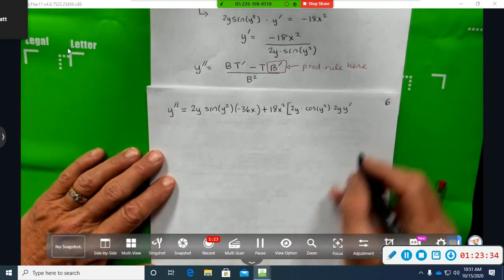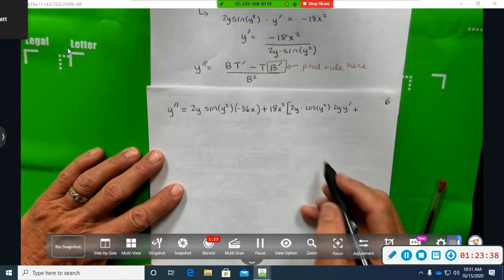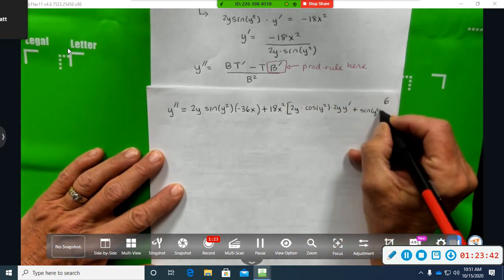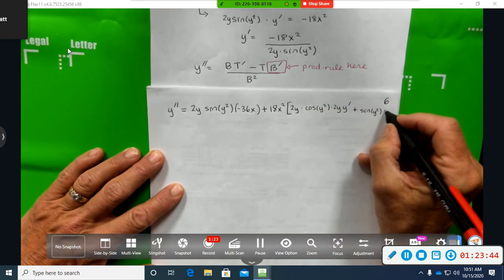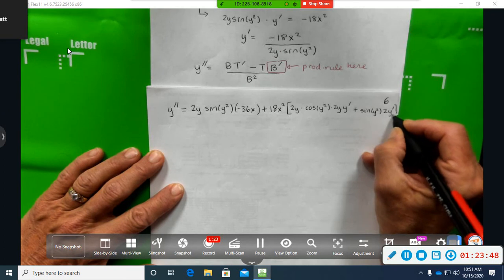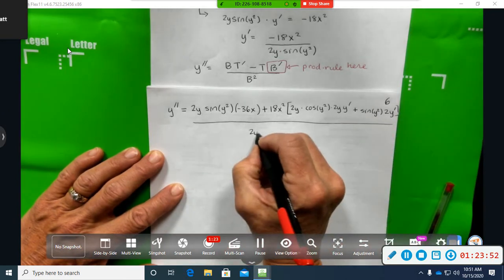That's half of it. The other half is sine of y squared times the derivative of 2y, which is 2 times y prime again. And then all of that over the bottom squared.